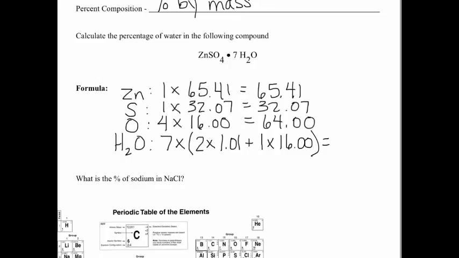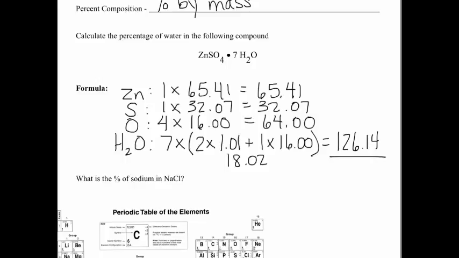The work that we have in the parentheses, 2 times 1.01 would be 2.02, plus the 16.00 works out to be 18.02. So really what we're going to end up doing is multiplying 7 times 18.02. And that works out to be 126.14.